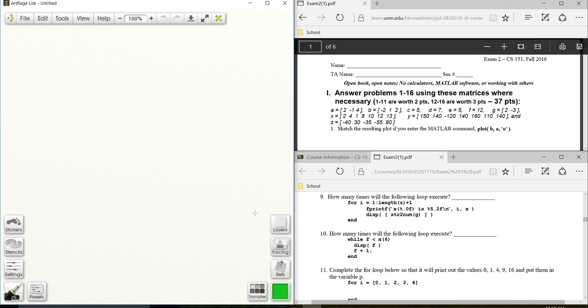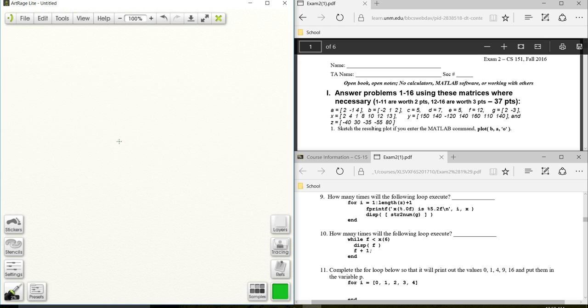It says, while f is less than x of 6, display f plus 1. So we're adding 1 to f until that condition is no longer true. f is 12 right now, and x of 6 is 1, 2, 3, 4, 5, 6. x of 6 is 12 as well.